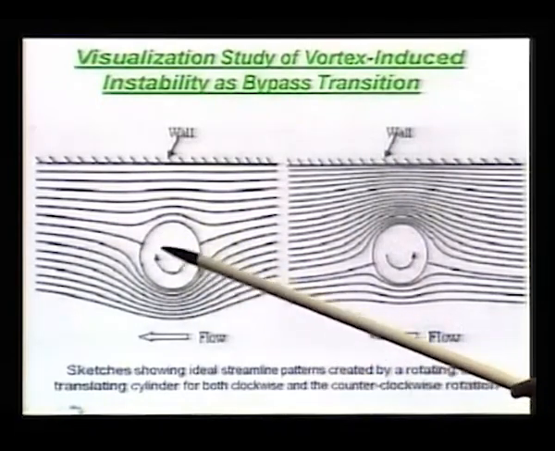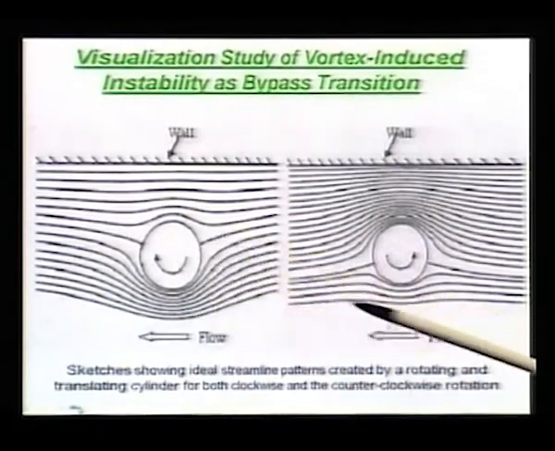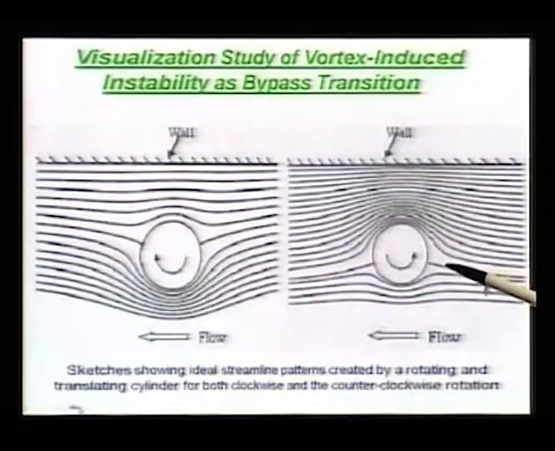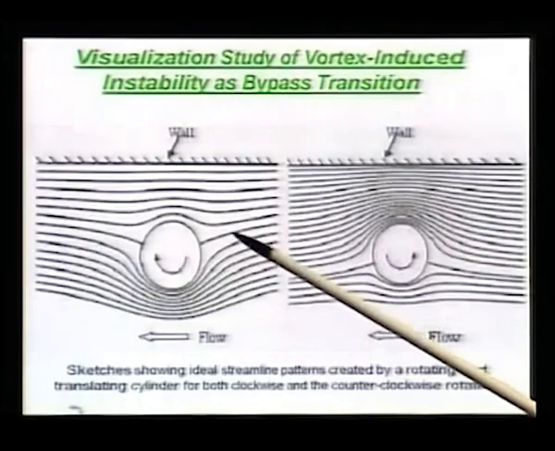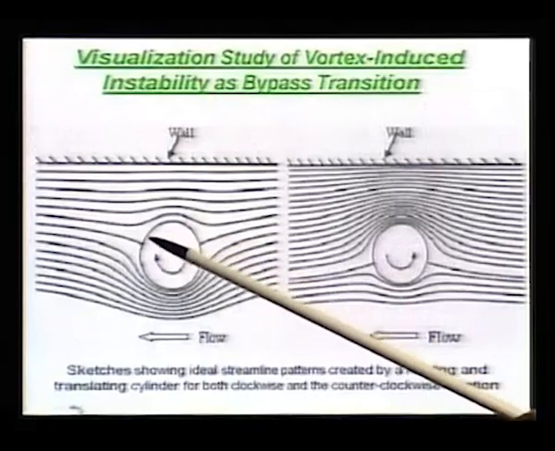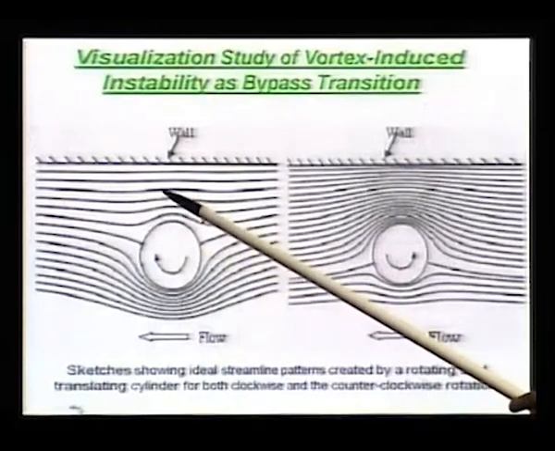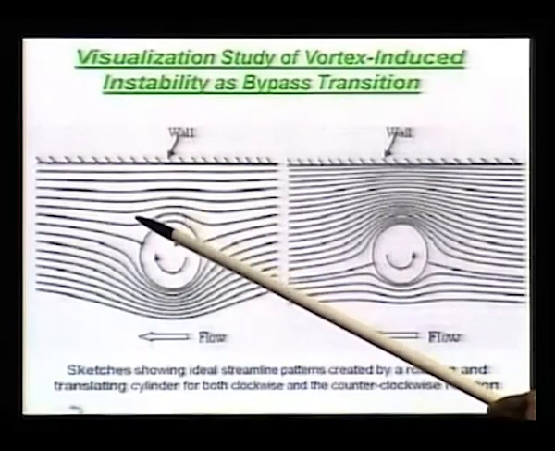So, this is the case of clockwise case, and you can see in the case of counterclockwise case, of course, this side streamlines are converging. So, you have a favorable pressure gradient, and this side it is continuously diverging, and you see the effect. And you can also now see that in this case, this kind of adverse pressure gradient is over a small region.